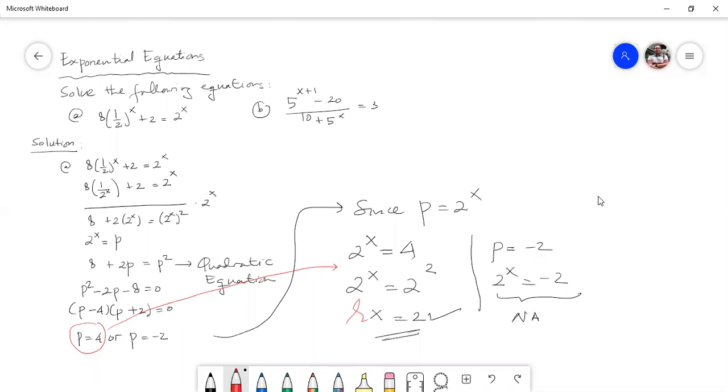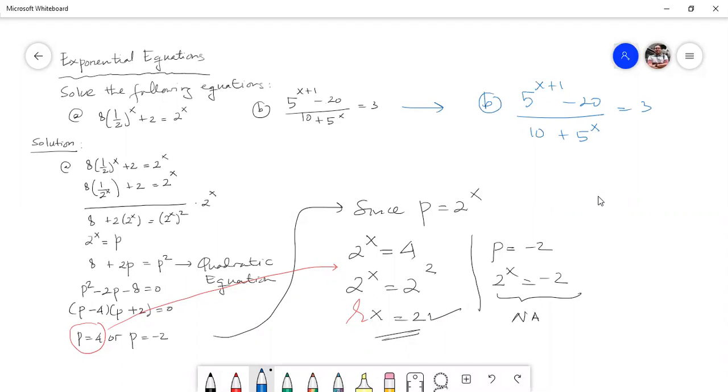Now we continue with question B. I think the same concept as question A can apply for question B. This is (5 to the power x plus 1 minus 20) over (10 plus 5 to the power of x), which is 3.